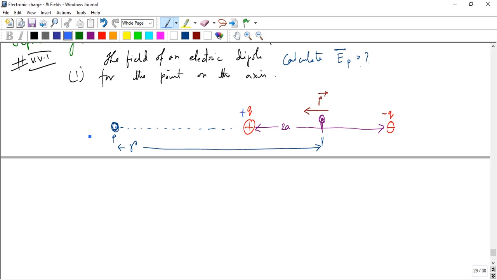So the electric field at point P due to plus Q charge is away, because Q is positive.